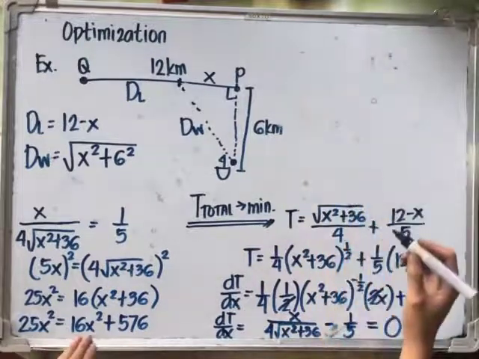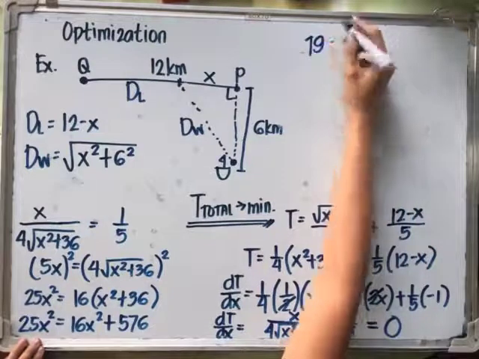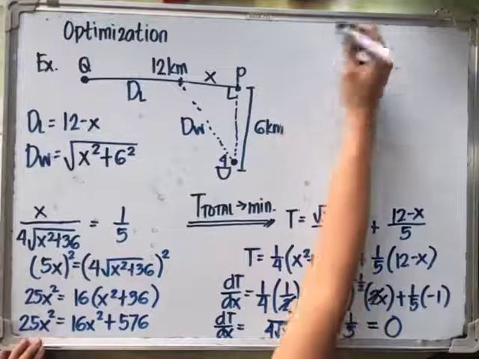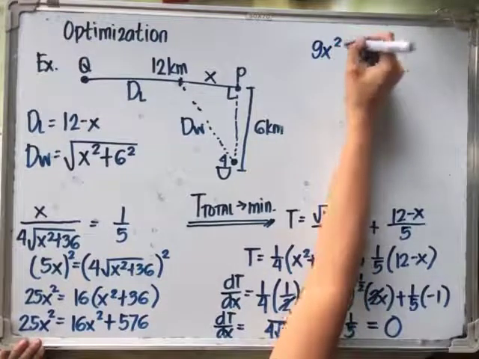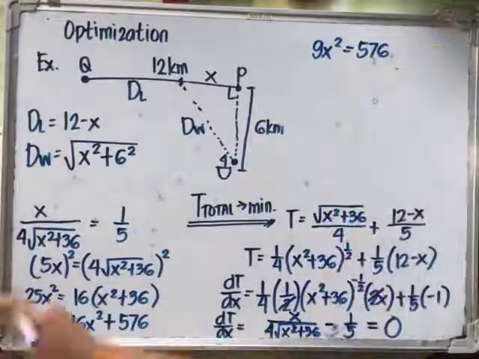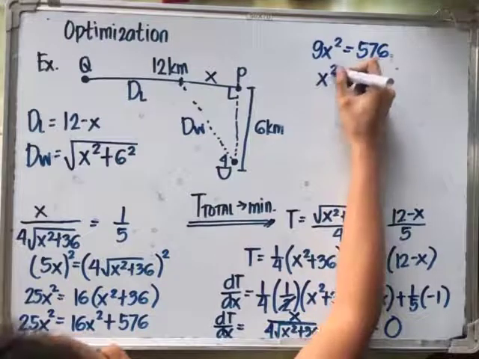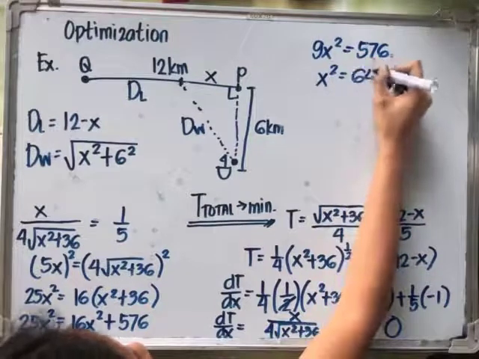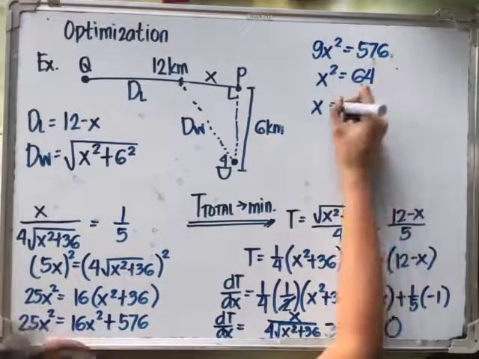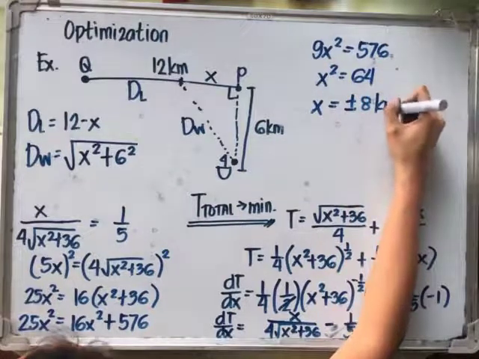Okay? So transferring 16 on the other side would give us 9x squared equal to 576. Dividing both sides by 9, that would give us x squared equals 64. Taking square root, x is positive negative 8 kilometers.